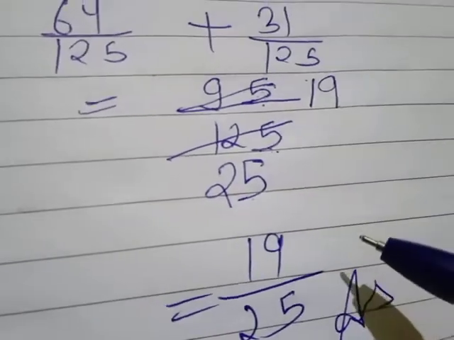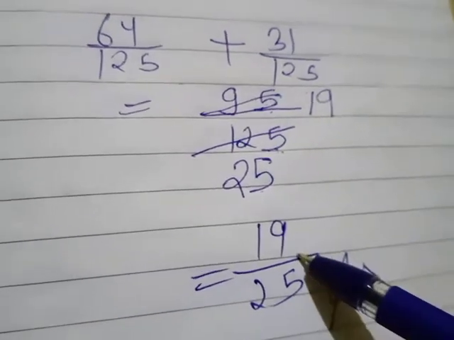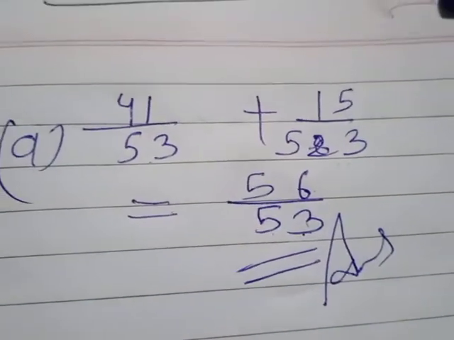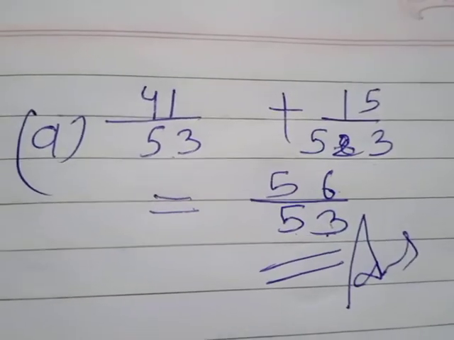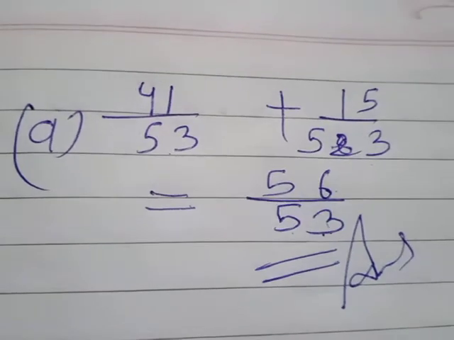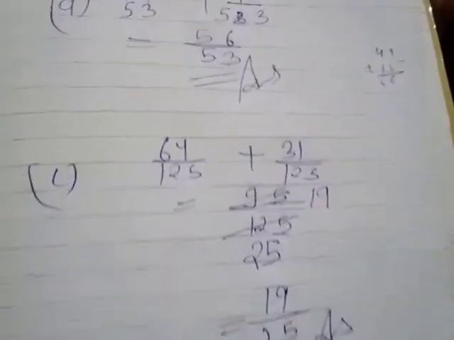So I divided both the numbers by 5. So we get 19 upon 25. This is your solution for C and this one is for A. Clear? And why we have not reduced this one? Because 56 and 53, both of them are not coming in any one table. So A and C are done. In the next clip, I'll tell you a few more questions.